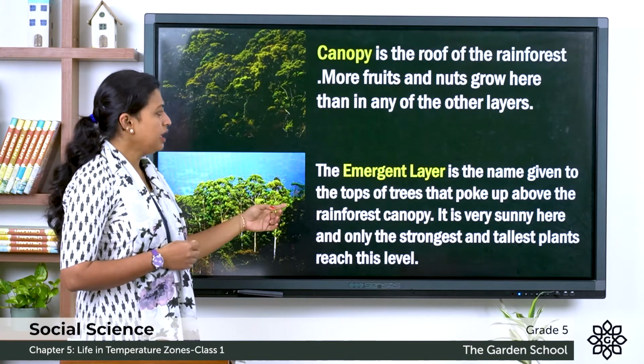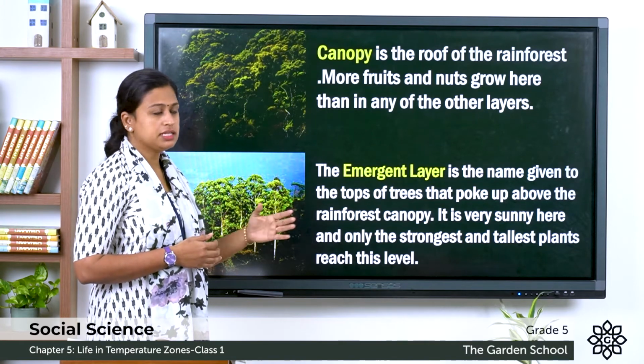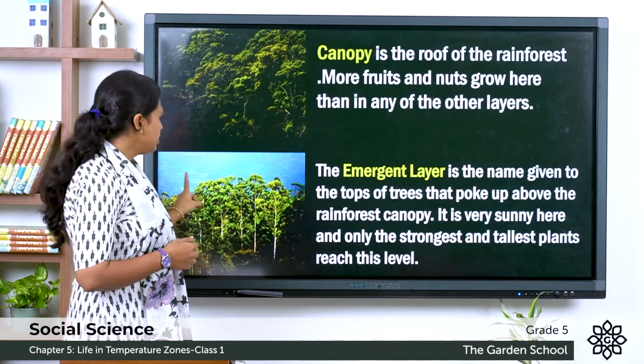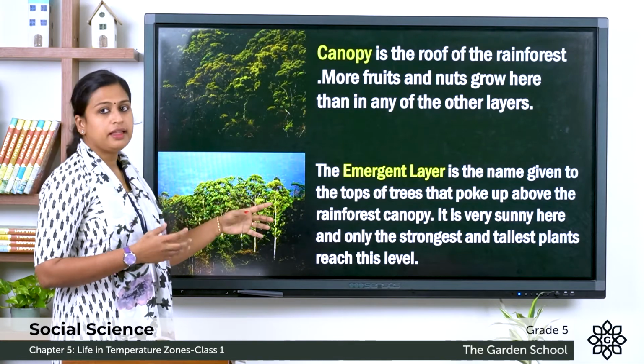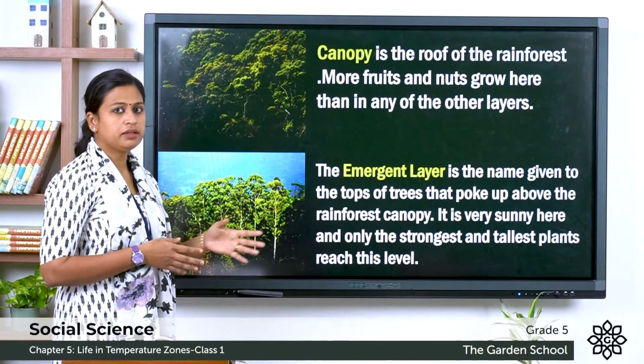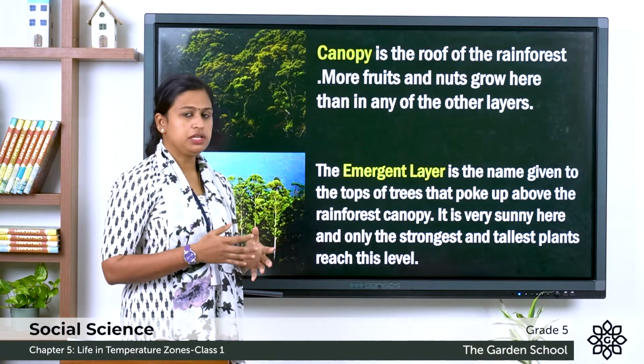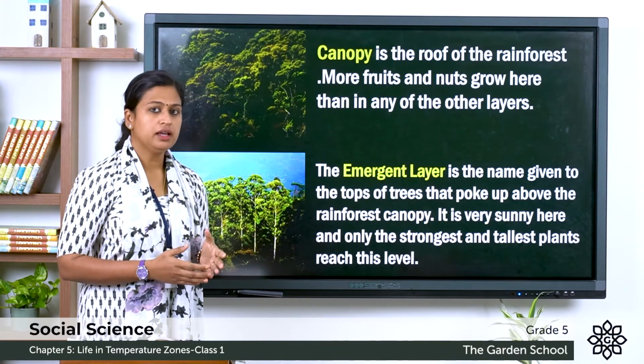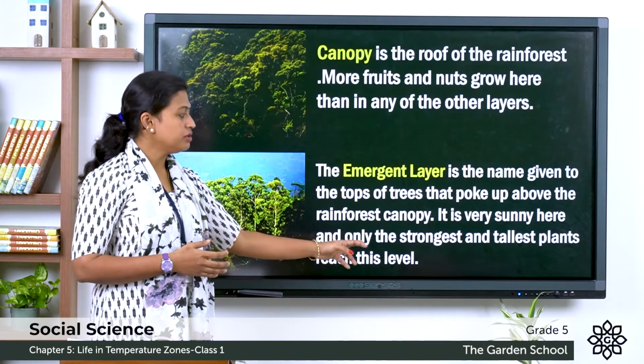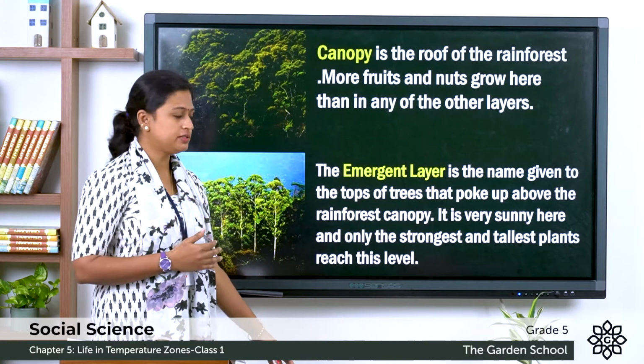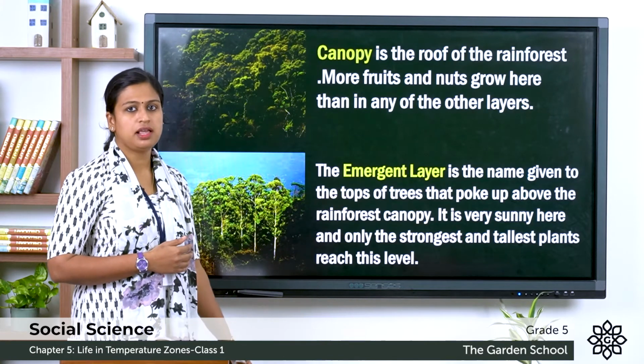The fourth is the emergent layer. It is the name given to the top of trees that poke up above the canopy layer. Usually, it is very sunny and only the strongest and the tallest trees can reach this level.